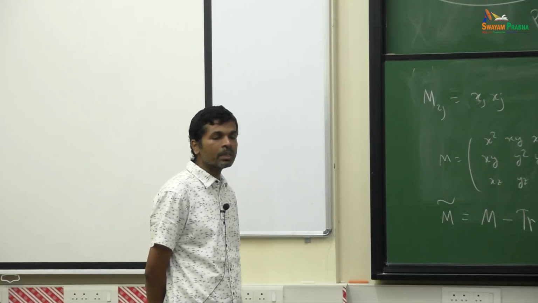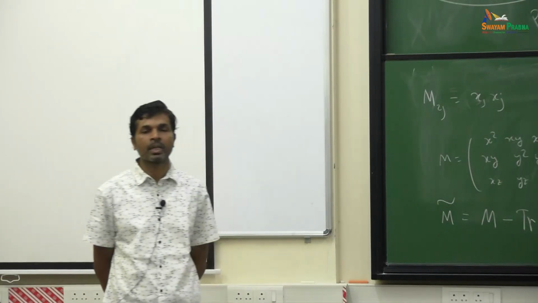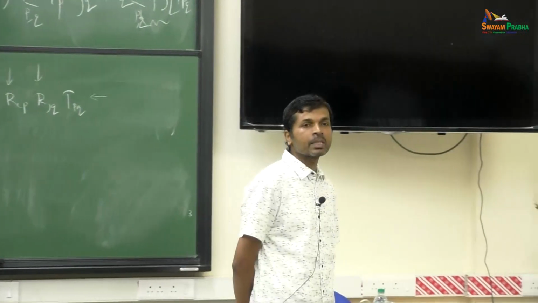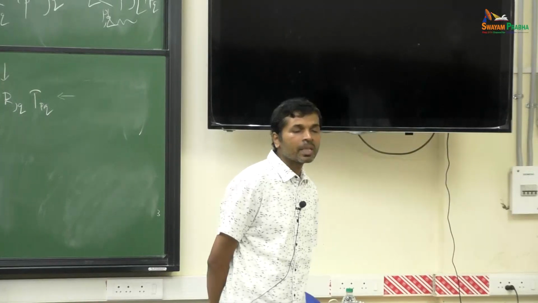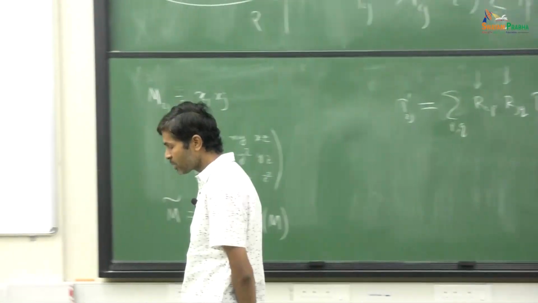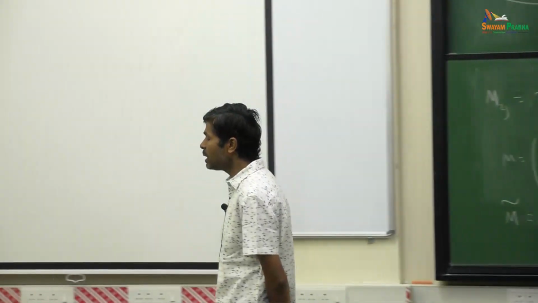Then he said Lorentz transformation is a more fundamental transformation, and any set of laws that describe nature must respect this transformation. And because Newton's laws do not respect these transformations, they can only be an approximation to a more fundamental set of equations which respect these transformations. That's how he formulated his special relativity.